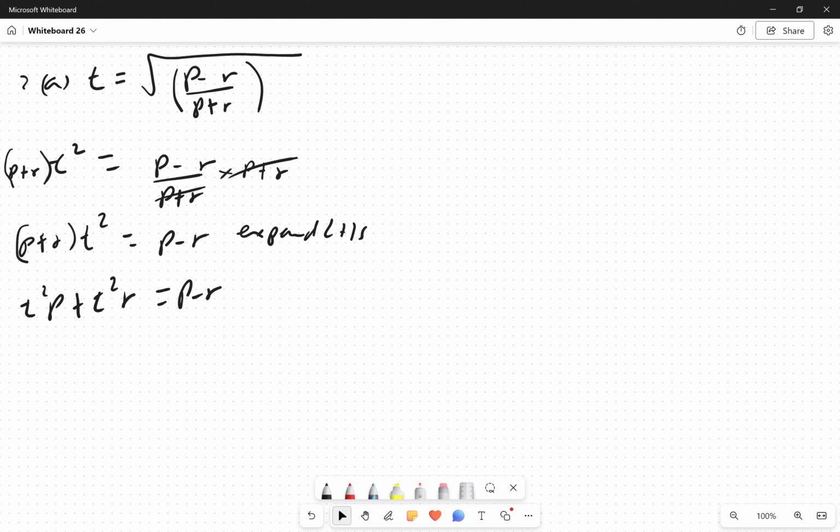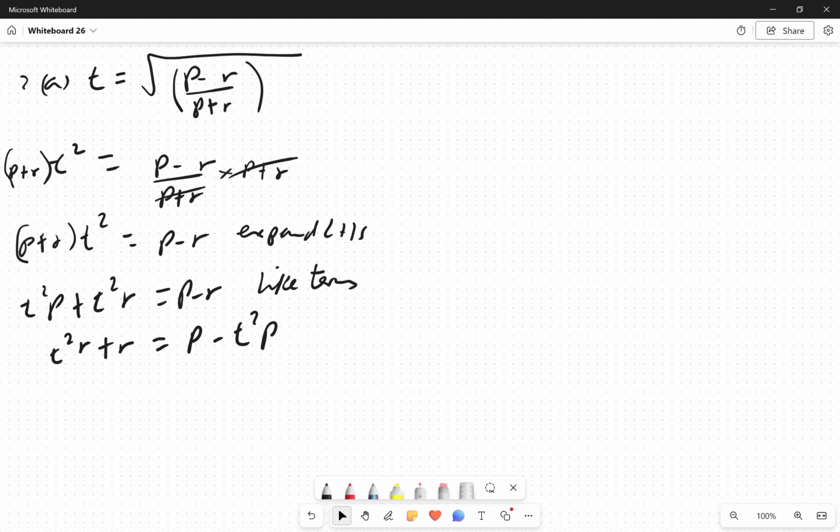We want r, so the r's must be together. So like terms. And what do we have? This r is negative, so bring it to the left-hand side to make it positive. So I'm going to have t squared r plus r is equal to p minus t squared p.